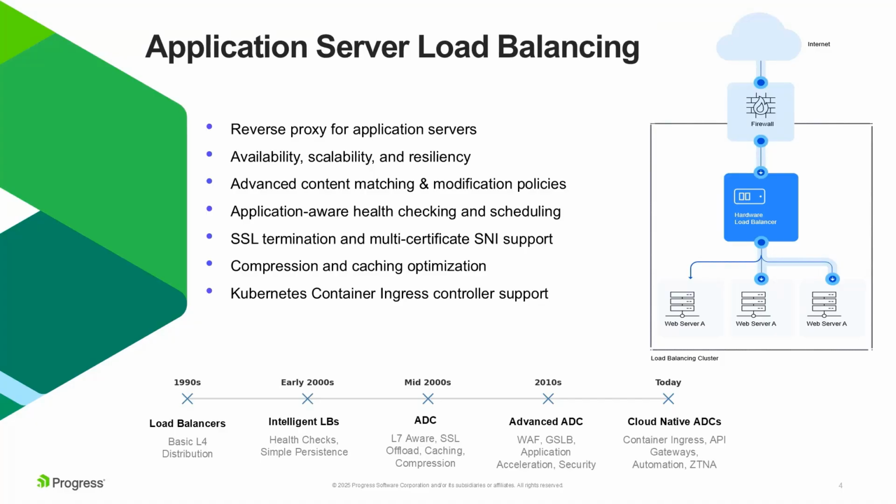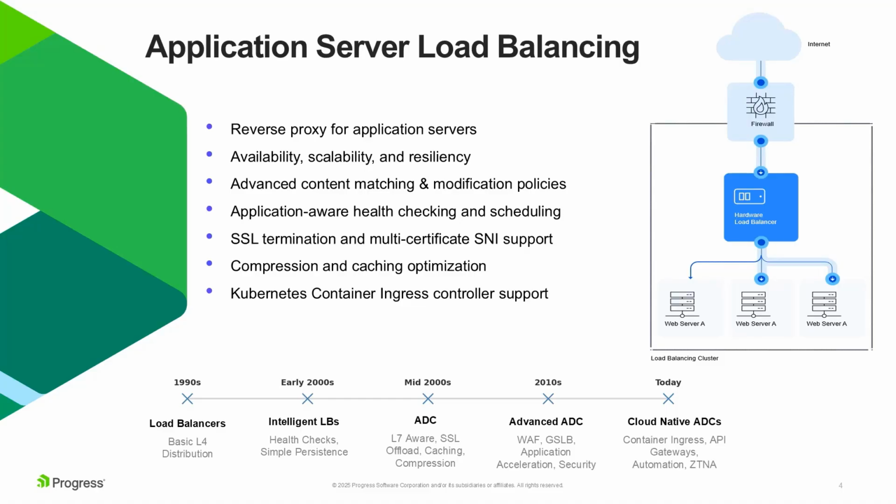Health checking is a pivotal component that requires granular configuration to ensure the health of a server represents its ability to handle user requests. SSL termination and the support of multiple SNIs and their certificates means you can support multiple applications and multiple backend server pools via a single public IP and virtual service.